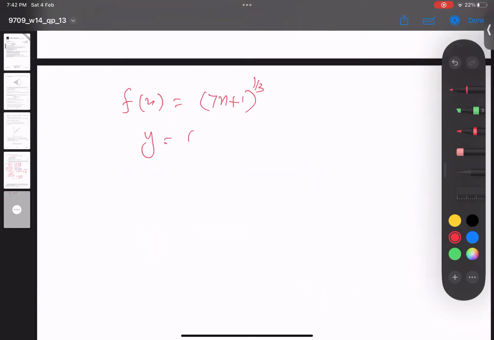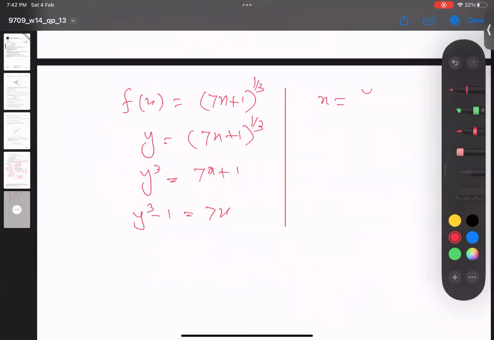So first of all, y. And every person knows that when the power 1 over 3 goes to the other side, the power becomes 3. Flip powers. Then y cube, subtract 1, and then divide by 7. I got x alone: x equals (y cube minus 1) over 7. Interchange: x becomes y and y becomes x. And this is called f inverse of x.